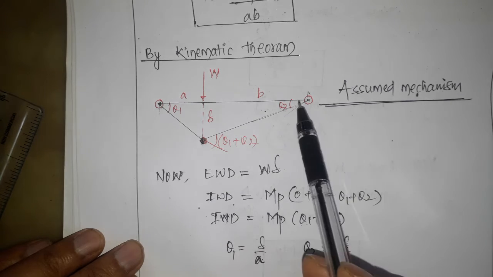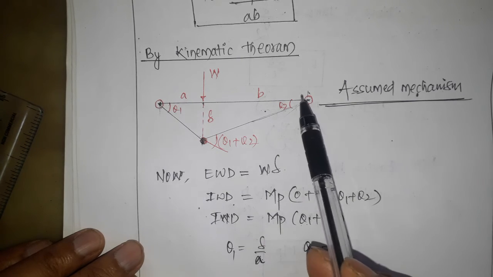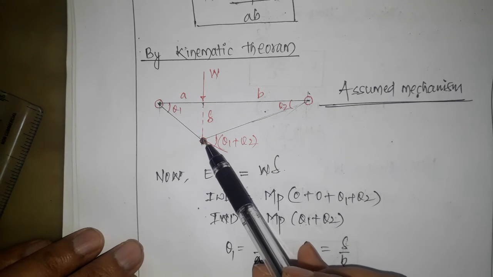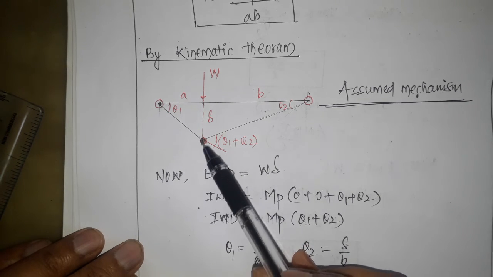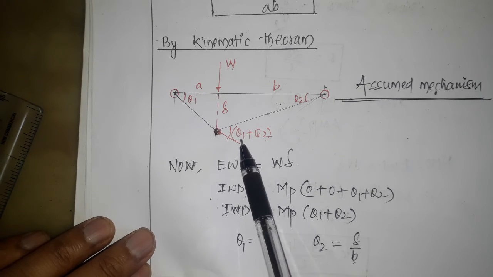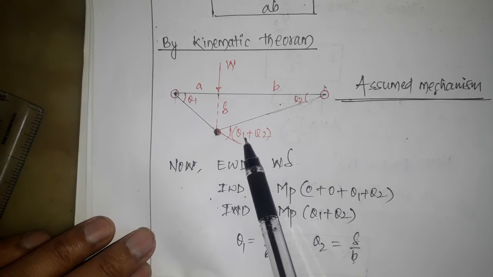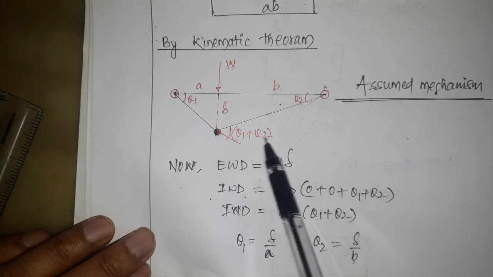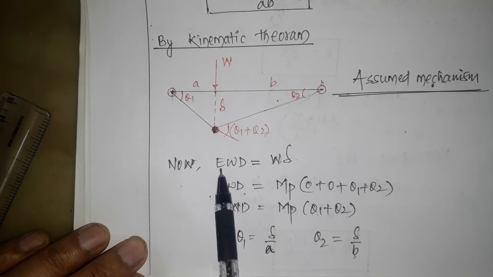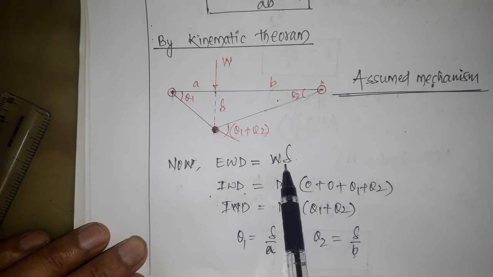The rotation is 0 here because of the structural hinge. We can see the structural hinge is hollow and the plastic hinge is solid in shape, that is darkened. So we get the total deflection, delta, related to theta 1 plus theta 2. The external work done is nothing but force into displacement.